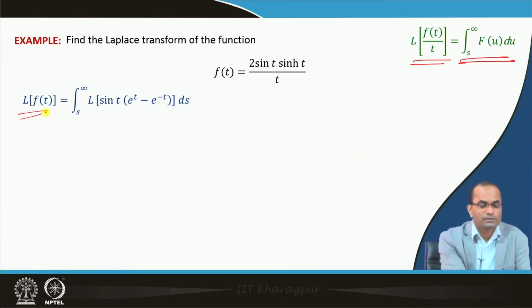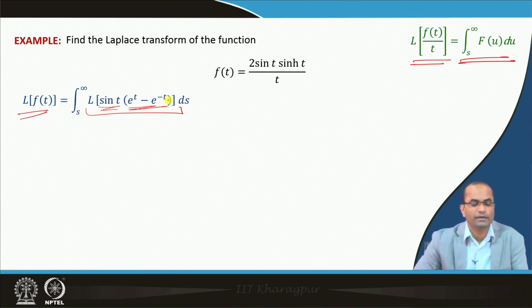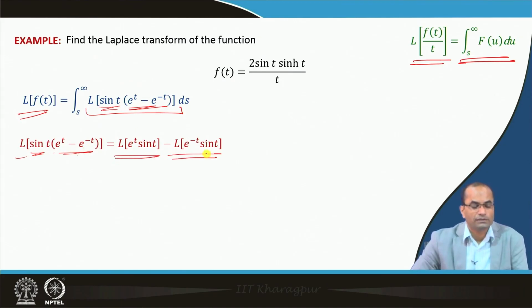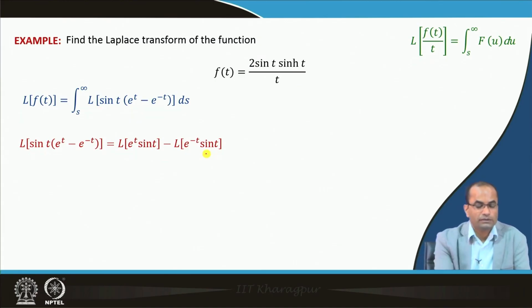So, we have the Laplace of sin t (e^t minus e^(-t)), and we can compute it as the Laplace of e^t sin t minus the Laplace of e^(-t) sin t.